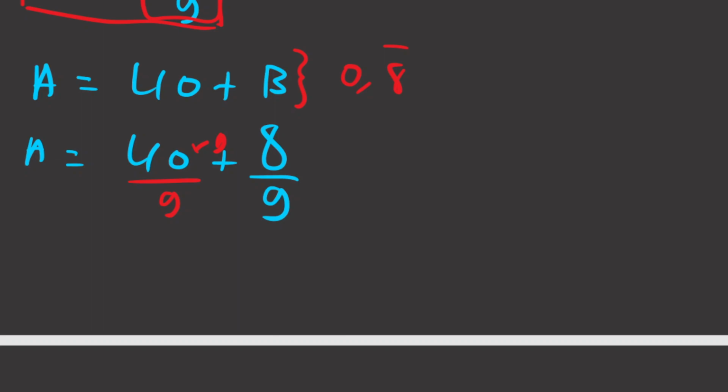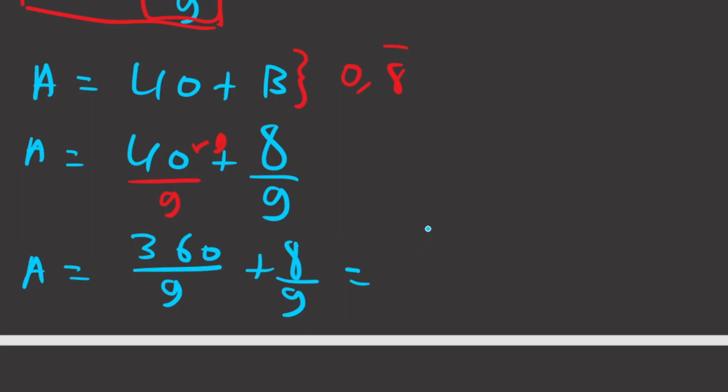So 40 times 9 is 360. So a is equal to 360 over 9 plus 8 over 9, which is equal to 368 over 9.